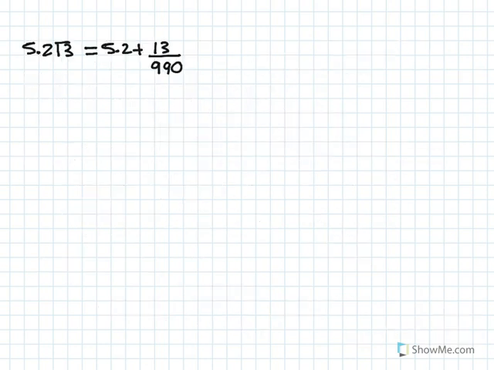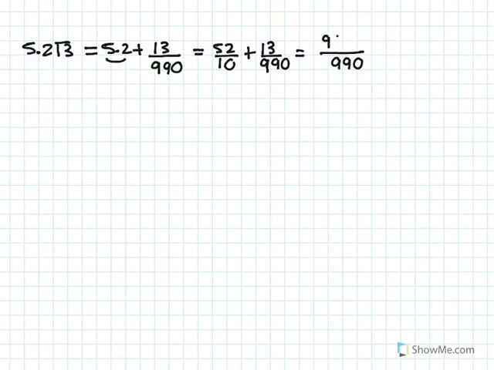All right, so 5.2, we can write this as a fraction as 52 divided by 10, so we can add up these two fractions, plus 13 divided by 990. Take common denominator, which is 990. 10 goes into 990 99 times, so we get 99 times 52 plus, and 990 goes into 990 one time, plus 13.